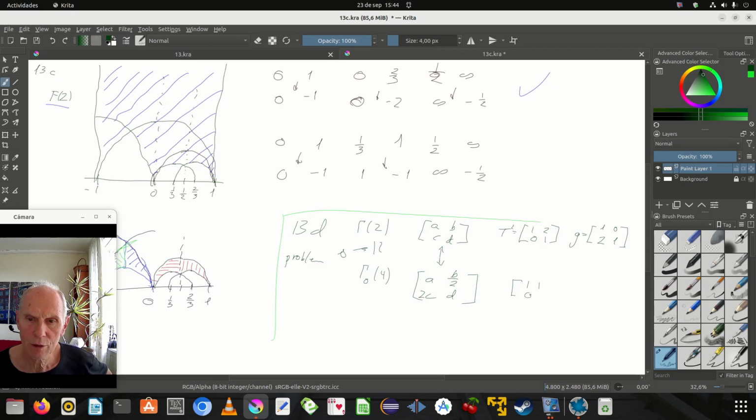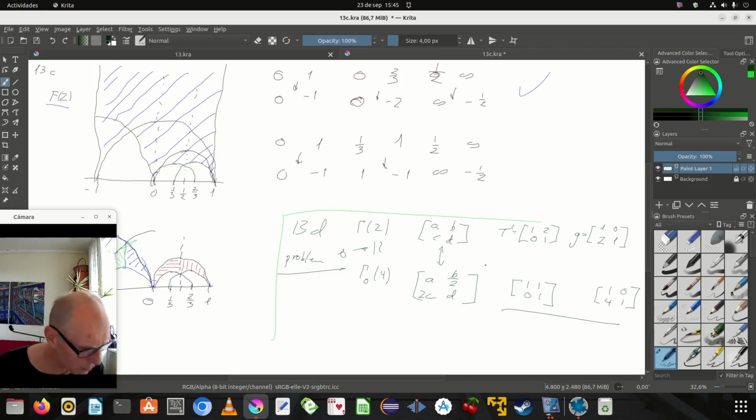That's this guy and this guy. So by problem 8, these matrices generate gamma naught of level 4, and we just need to check that it's what they claim.